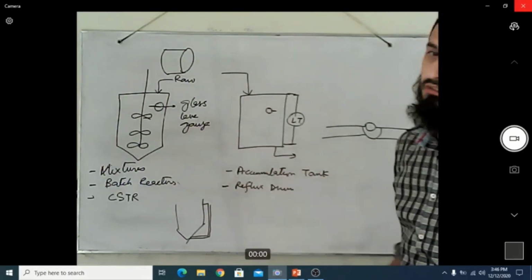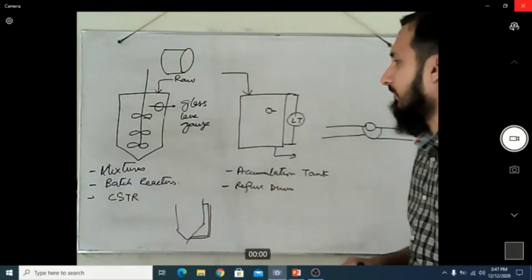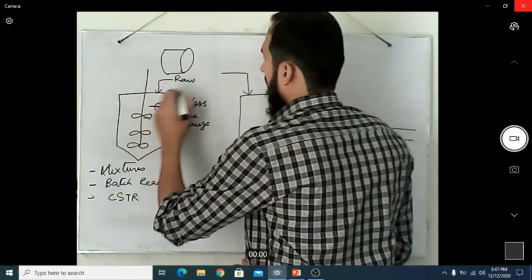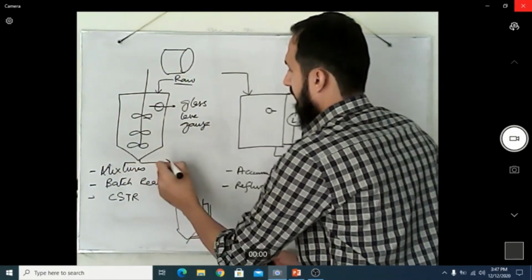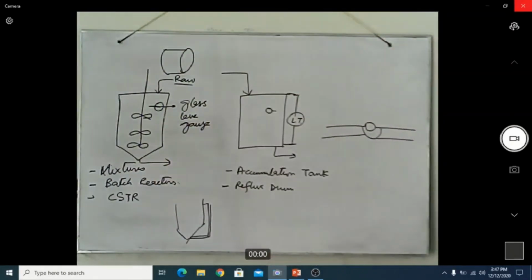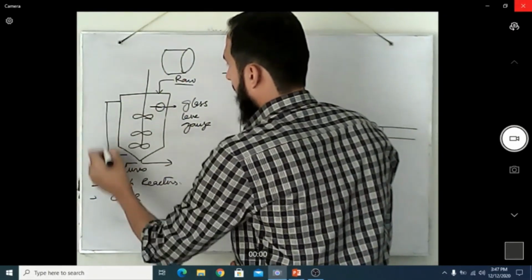The operation will go on. On the other hand, a continuous stirred tank reactor is one in which raw materials are continuously coming in while it is producing a certain amount of product. There you certainly need to install a level transmitter as well.